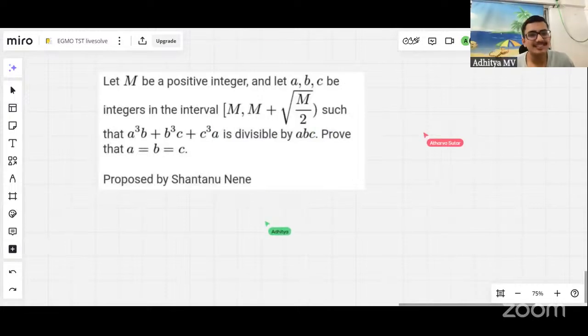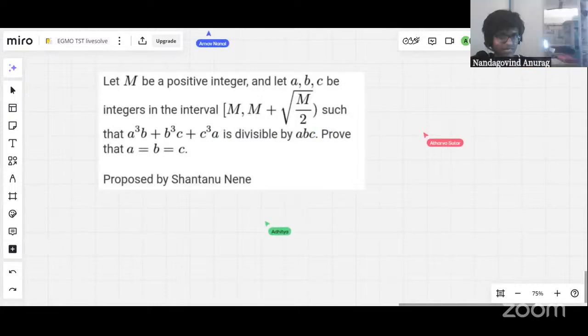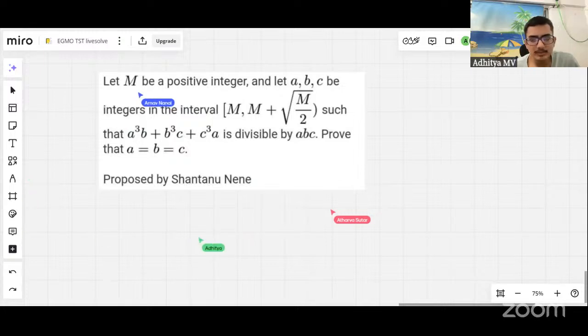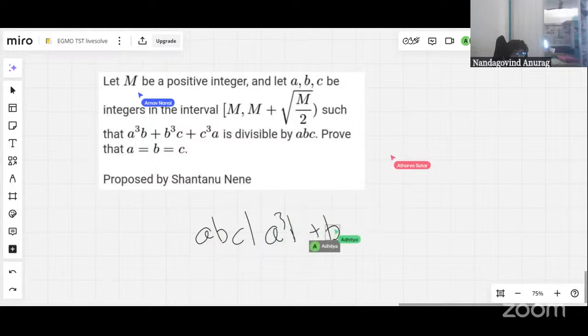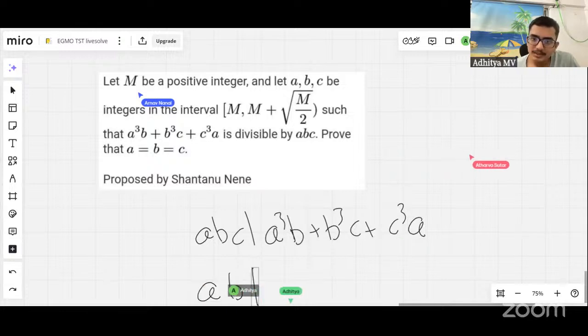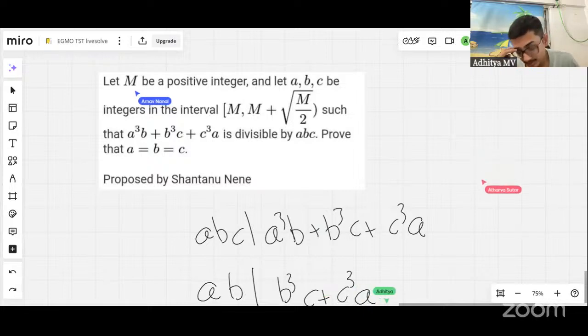Let A, B, C be integers in the interval, such that A, B, C are distinct. Okay, so ABC divides A cube B plus B cube C plus C cube A. That would imply AB divides B cube C plus C cube A, and similarly.